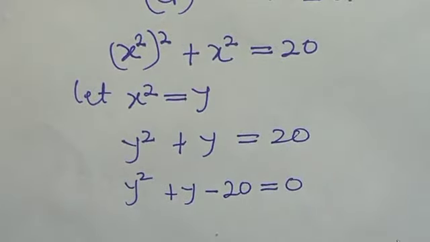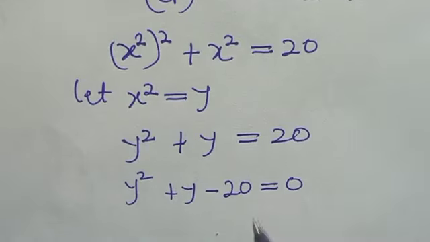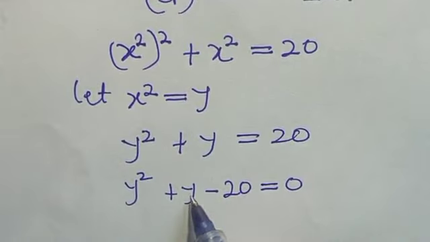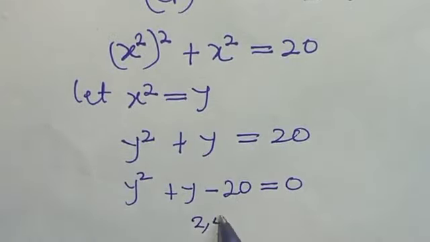So our responsibility is to look for two numbers. We want to factorize in such a way that when you multiply the two numbers they give us 20, and when we add up those two numbers, we end up having 1. Those two numbers must be factors of 20, which include 2, 4, 5, 10, or even 20.